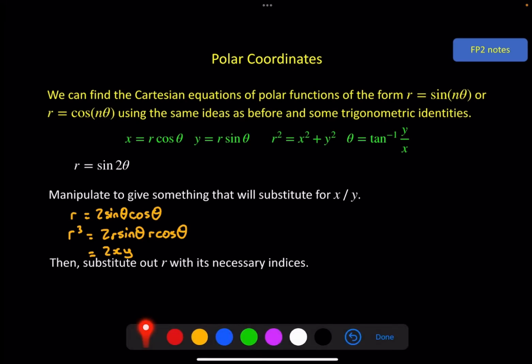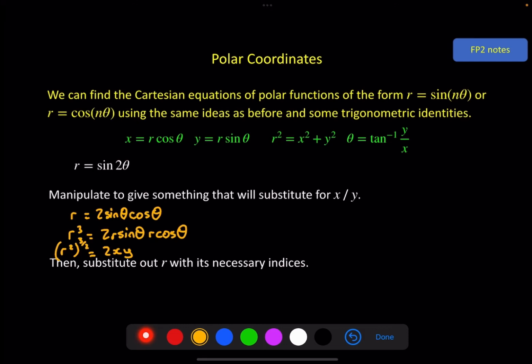and then on the left hand side I just need to substitute out r with whatever indices are necessary in order to put it into this form here, x squared plus y squared. So if we've got r cubed here, I can write that in terms of r squared just by putting it in a bigger bracket with an index 3 over 2.